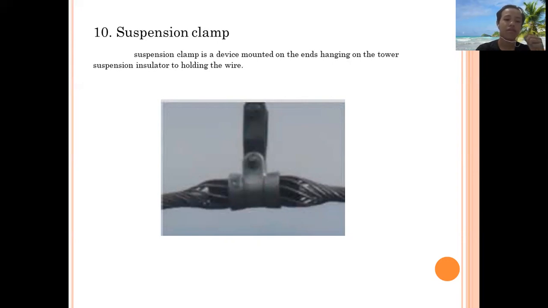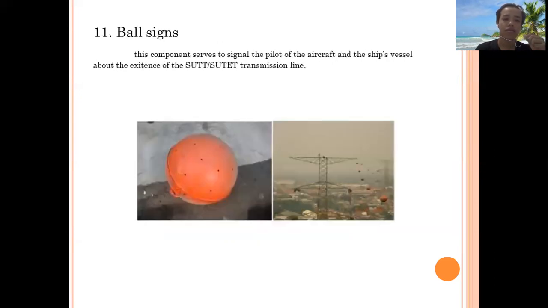The hardware can be seen in this picture, the hardware of the suspension clamp, and then this component can be seen in the image below. Then there is the marker ball.